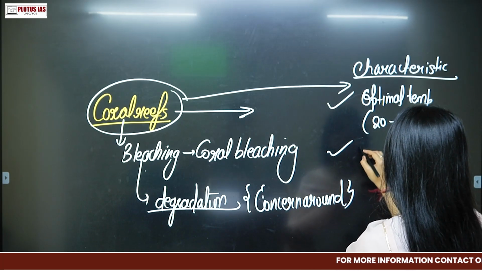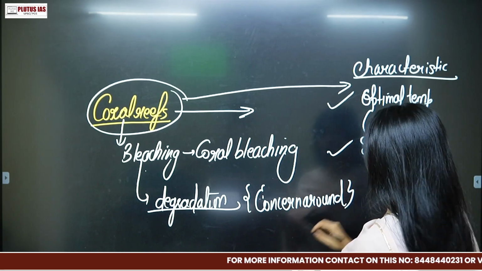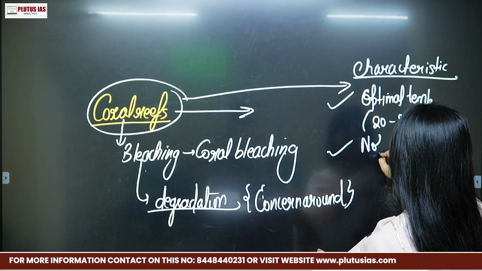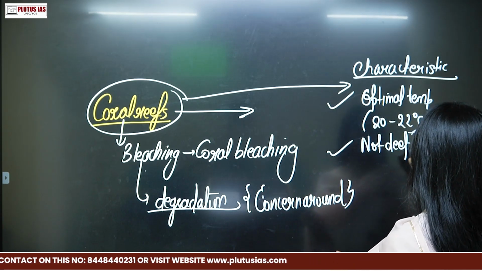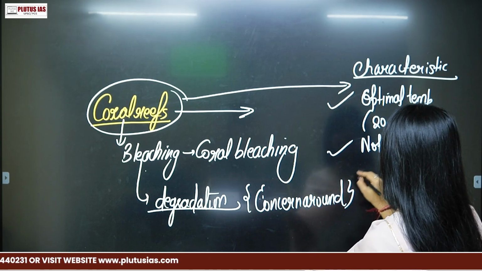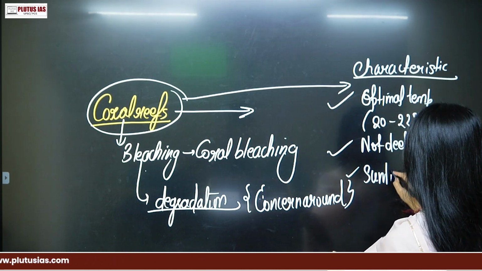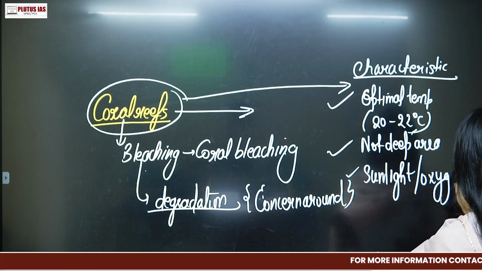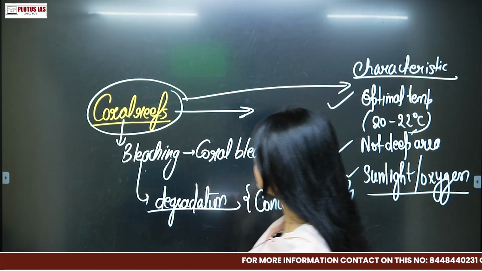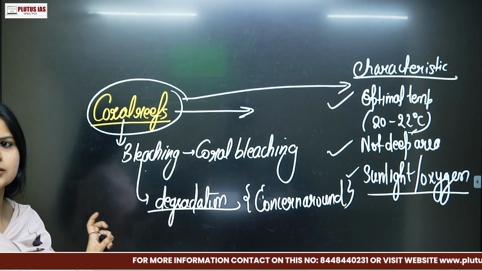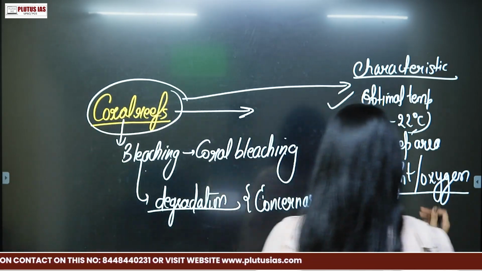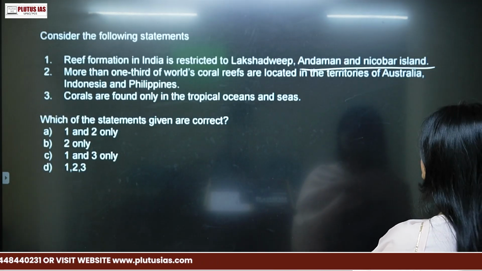Apart from that, they do not stay in a very shallow area or a deep area, because they require proper sunlight and oxygen for their survival, right? So this is the whole sum up of the coral reefs. This is what you have revised with me.